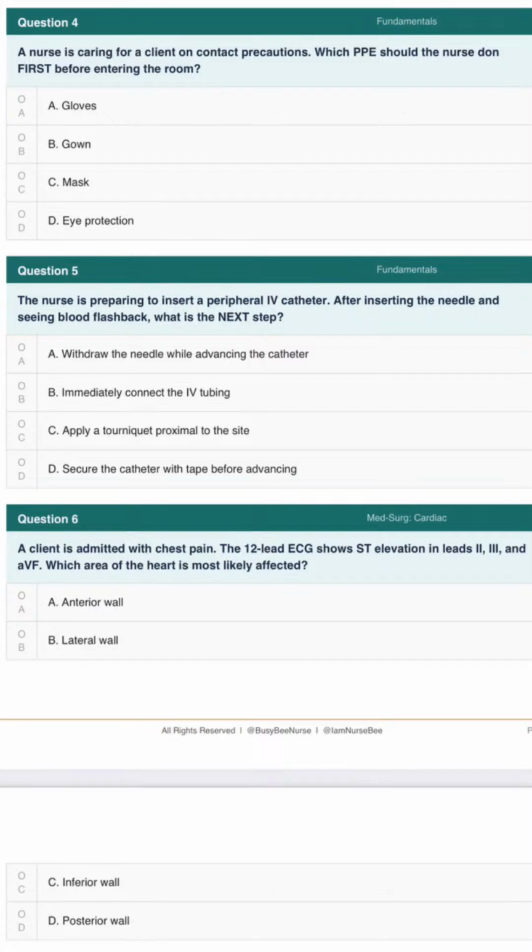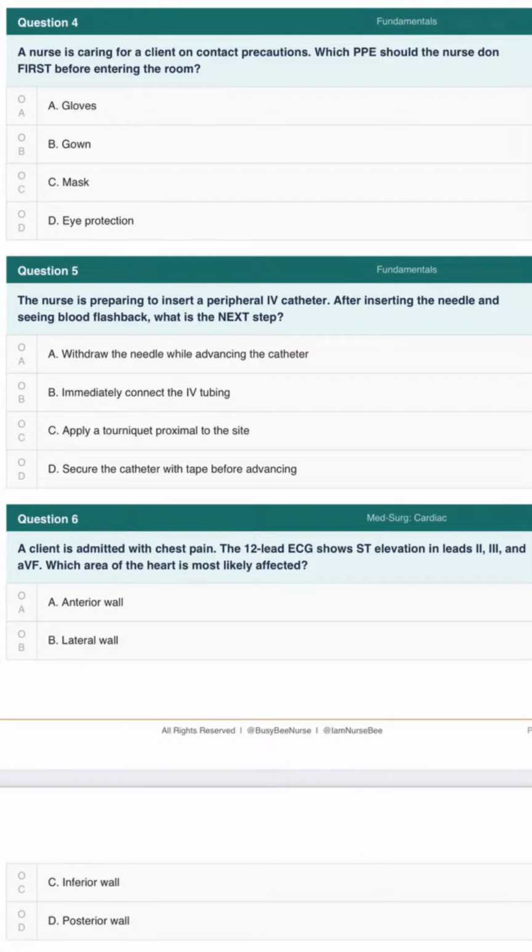Number 5. The nurse is preparing to insert a peripheral IV catheter. After inserting the needle and seeing blood flash back, what is the next step? So I just want you guys to think about this question. All right.